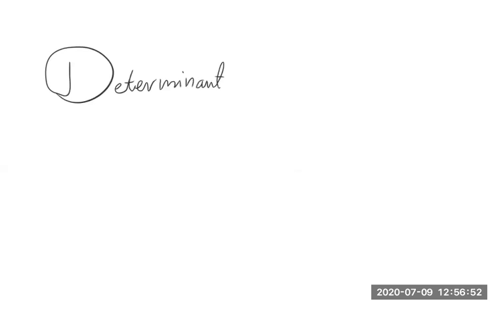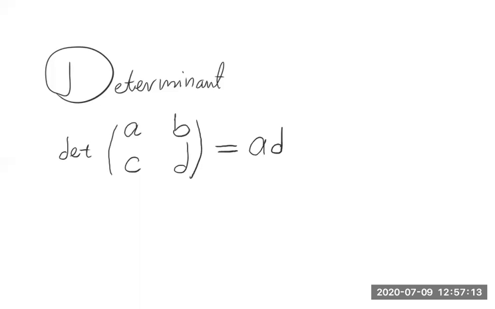What is it? Well, let's start with 2 by 2 matrices. In general, a 2 by 2 matrix is like A, B, C, D, where A, B, C, and D are numbers. The determinant of this matrix is equal to A times D minus B times C. It's just a number. So let's say 3, 5, 2, 1.